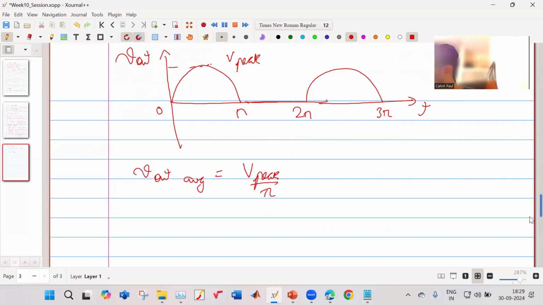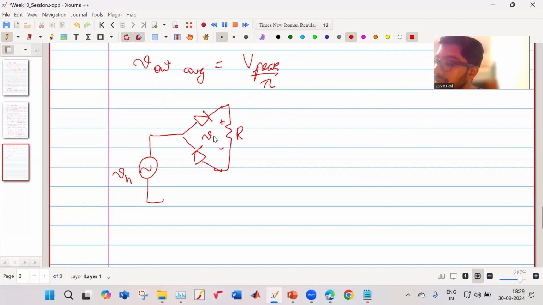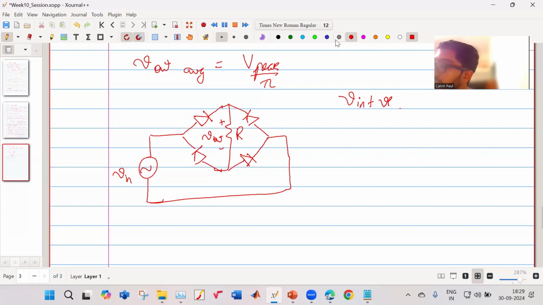Now, we'll consider another circuit. This is your input. Then there is this full wave rectifier. Okay. So when your V in is positive, how will your current flow?